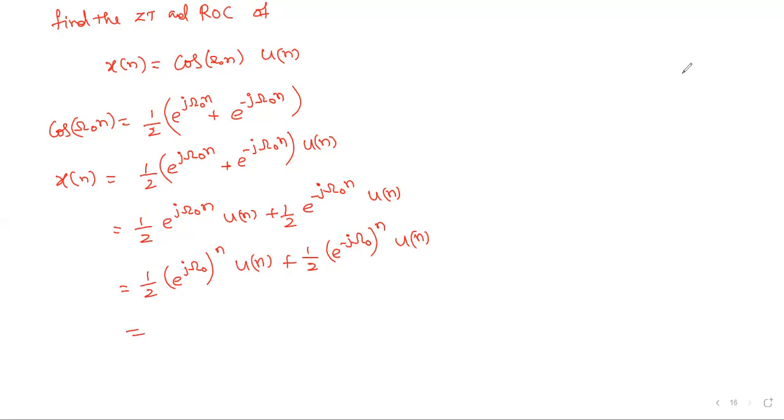So how much will we get here? First, the z transform of u of n is z by z minus 1, with mod z greater than 1. Now multiply by e power j omega naught whole power n into u of n. What will we get? In the place of z, we will get z by a. Wherever z is there, you will get z by a.